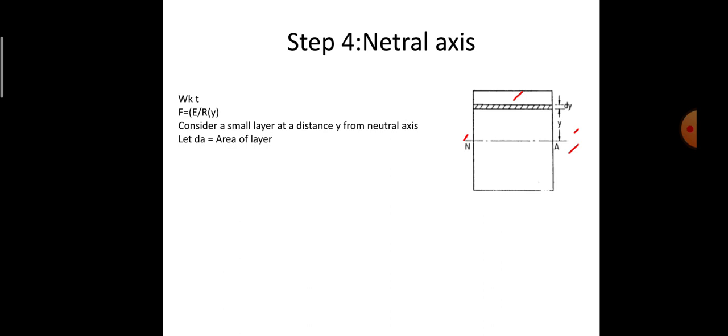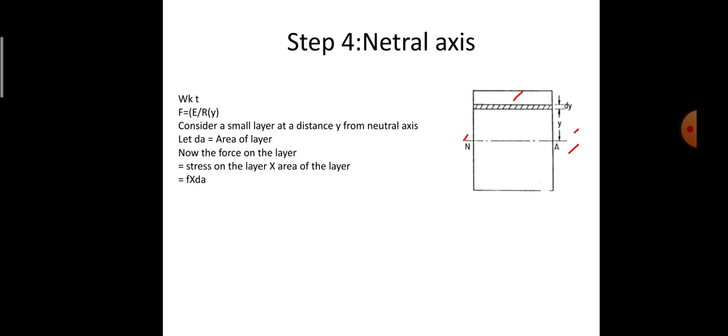In order to determine the force, I know that force on the layer is equal to stress into area of the layer. I know the expression of stress as force by area, so force is the product of stress on the layer into the area. Stress is F, and the area of the layer is dA. So it is equal to F into dA.